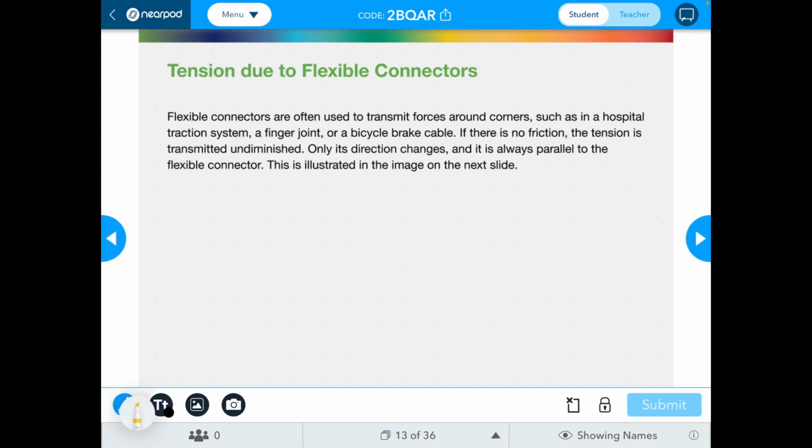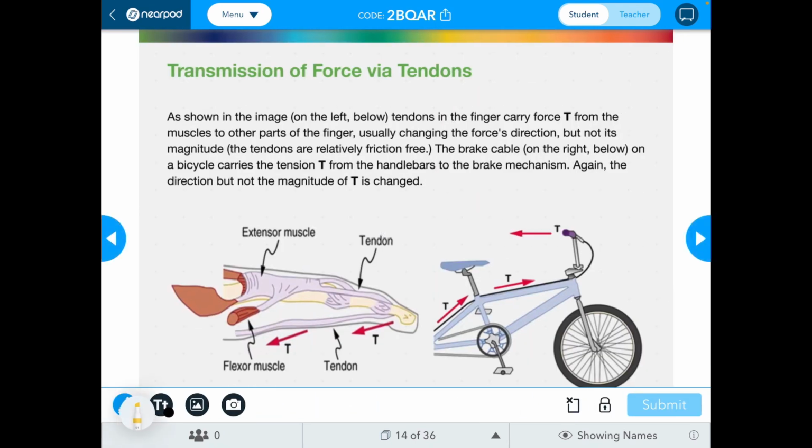So another way to think about this, this is talking about the finger joint, so using tendons and joints to bend and stretch out joints. That's what tendons do. But also bike cables. So here we have two pictures. You can see the tendons in the finger that stretch and compress depending on whether you're straightening or bending your finger.